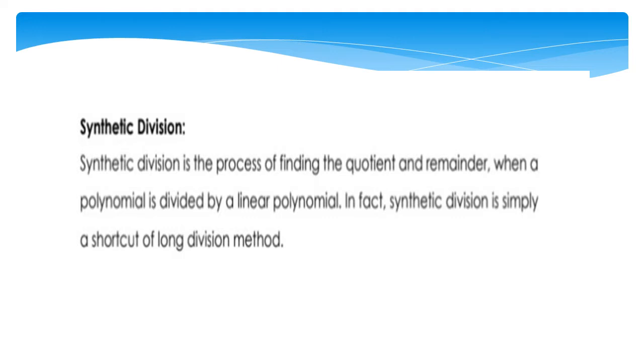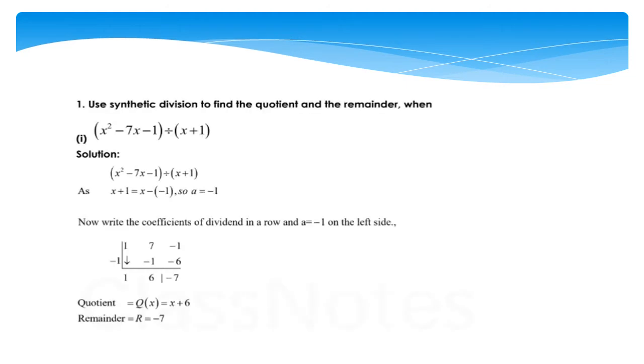Use synthetic division to find the quotient and remainder when x square minus 7x minus 1 is divided by x plus 1. Solution: we set x plus 1 equal to 0, because when the division is exact the remainder is 0, and this is a factor.